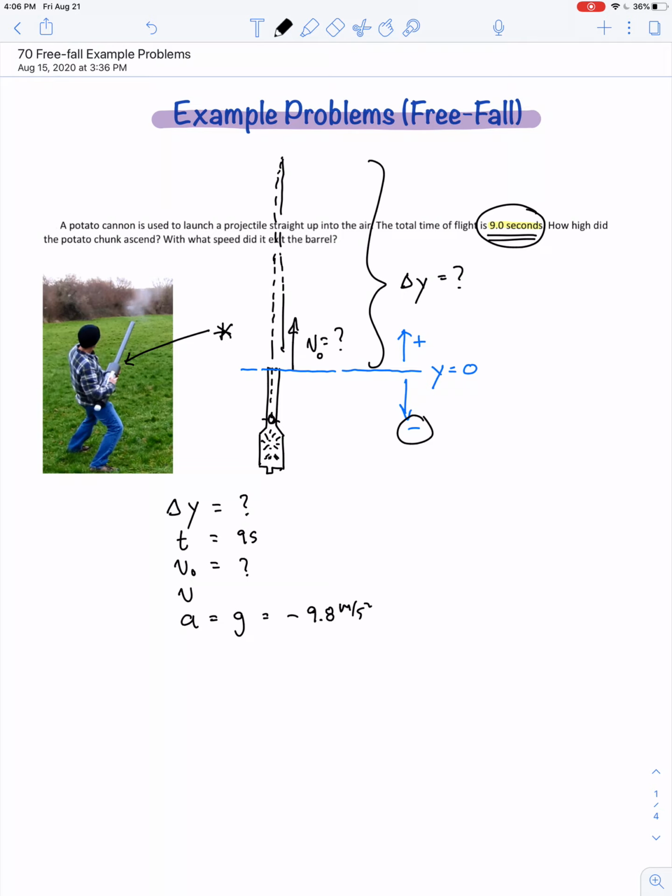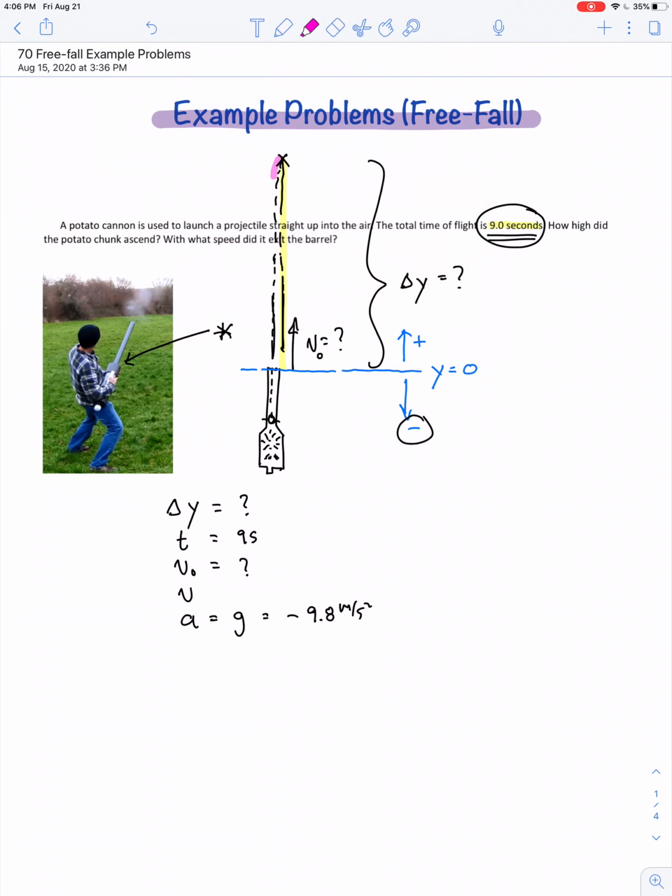So while the potato chunk is rising, the acceleration is negative 9.8. While it's falling, the acceleration is negative 9.8, and even at the very top, its acceleration is negative 9.8 meters per second per second. Instead of looking at the total flight, let's highlight just the fall and forget the rise.